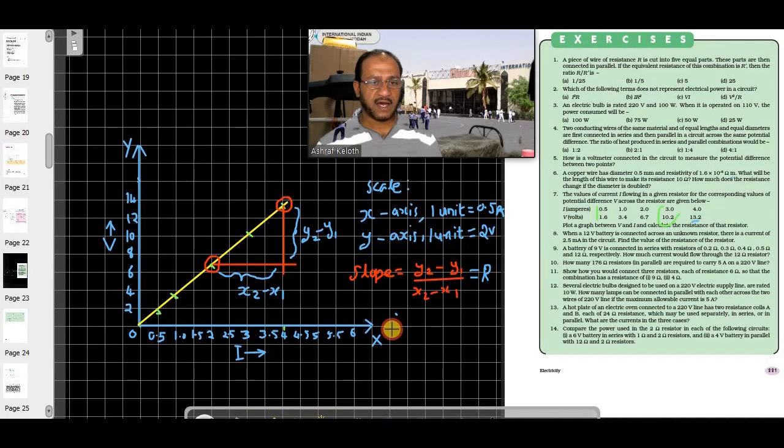So we can write R is equal to y2, the y coordinate of the second point, given here.